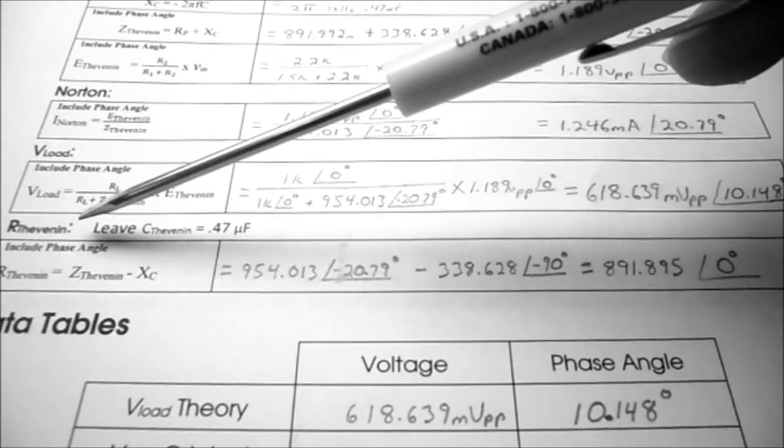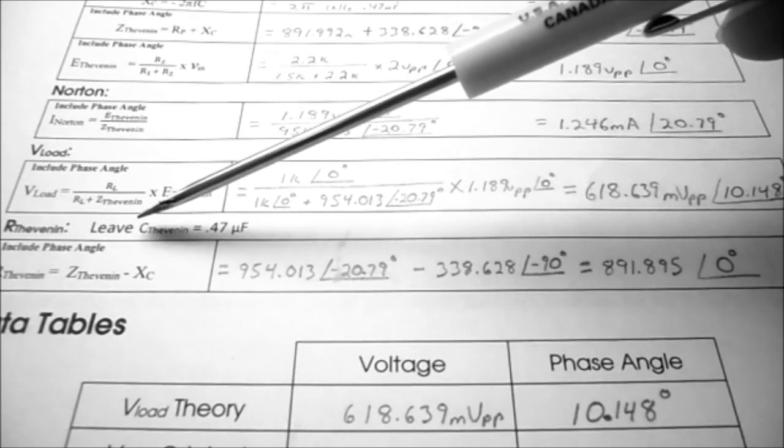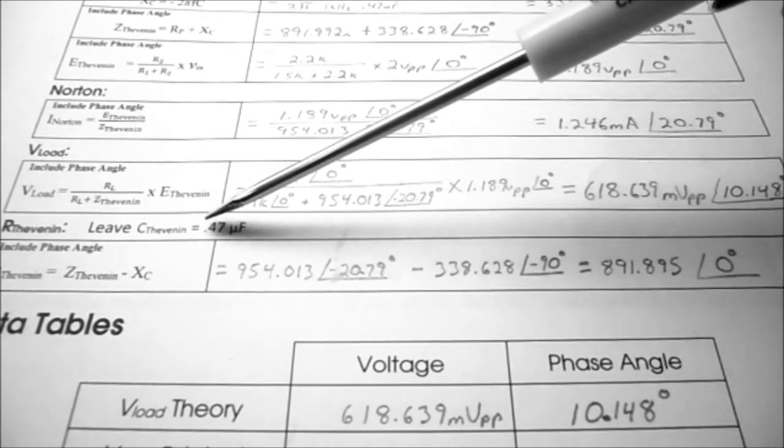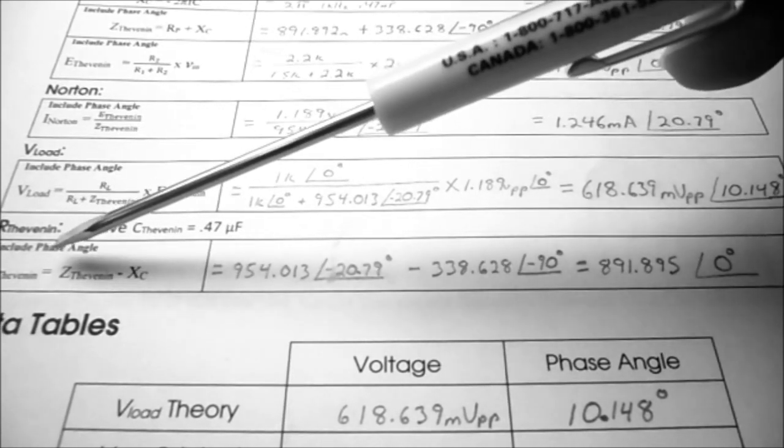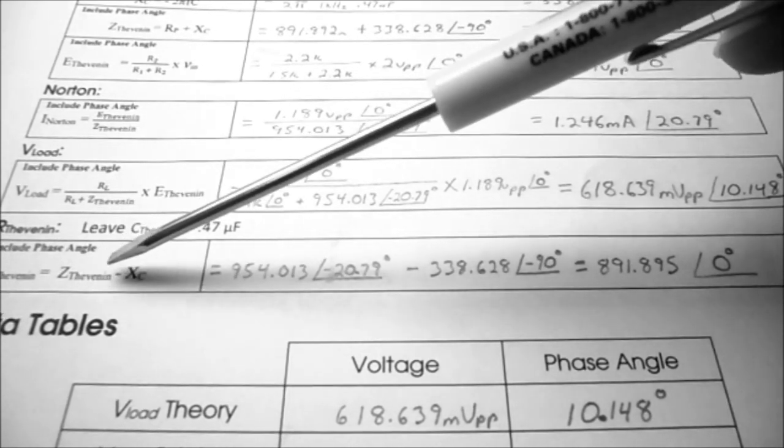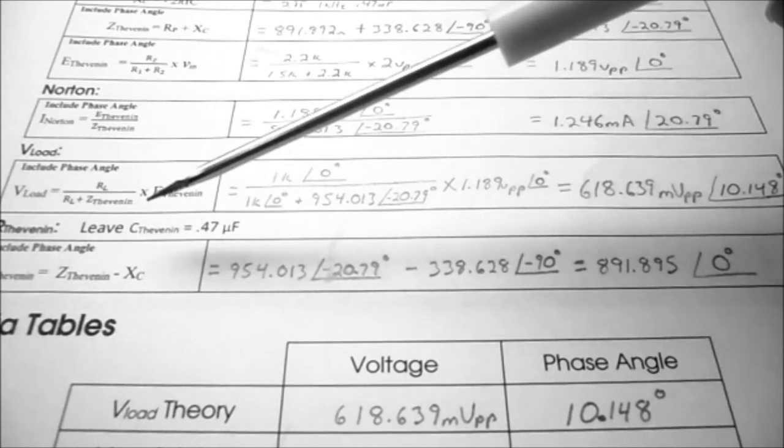So to calculate R Thevenin, we're going to leave C Thevenin as 0.47 microfarads. So R Thevenin is equal to Z Thevenin minus XC.